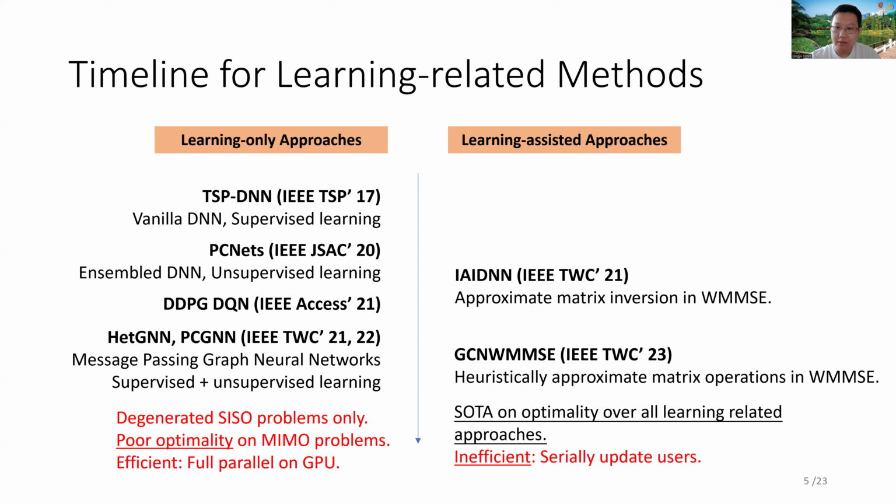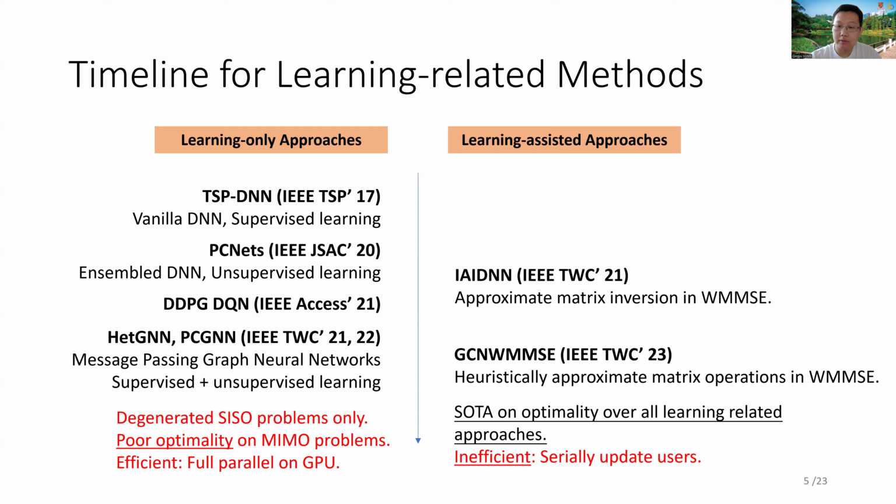The learning-only method was first proposed in 2017. A vanilla DNN with unsupervised learning or supervised learning is applied. Then from 2020 to 2022, several different machine learning techniques are applied, such as ensembling, reinforcement learning, and graph neural networks.